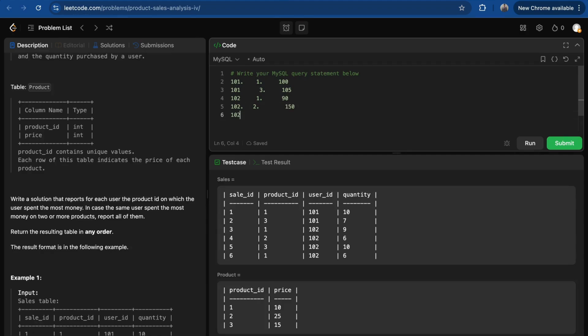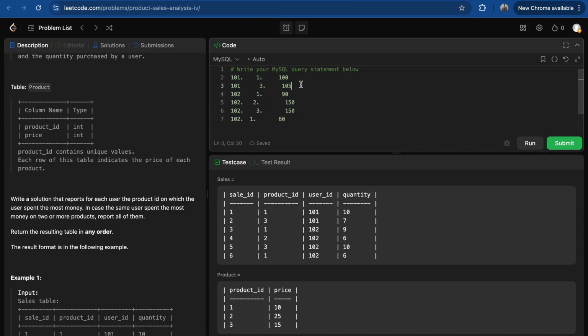For product ID 3, he bought 10, so that is also 150. And for the last one, he bought 6 of product ID 1, so the price will be 60.